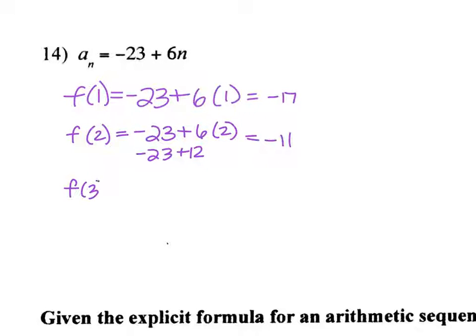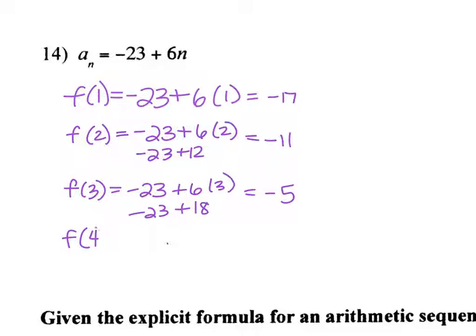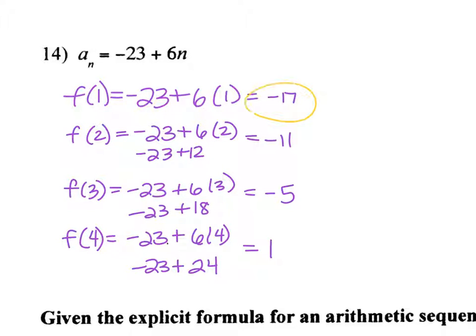F of 3 equals negative 23 plus 6 times 3. That's negative 23 plus 18, which is going to give me negative 5. And then f of 4 equals negative 23 plus 6 times 4. That's negative 23 plus 24, which is going to give me positive 1. So there are my first 4 terms.